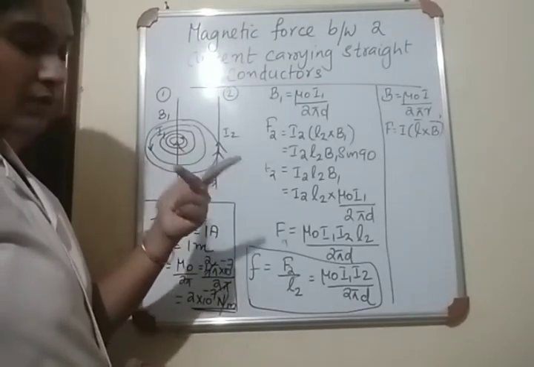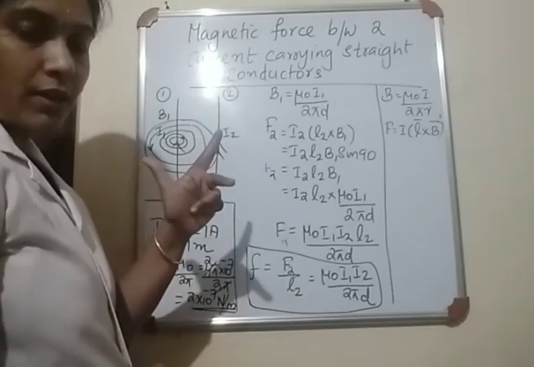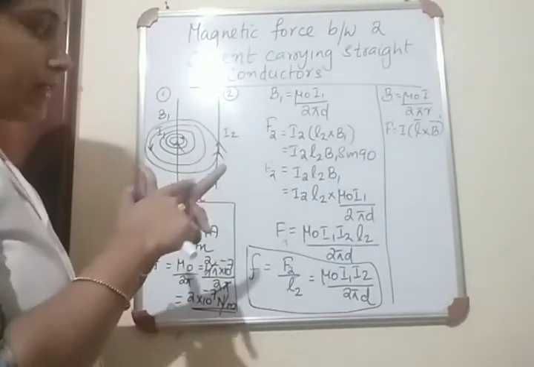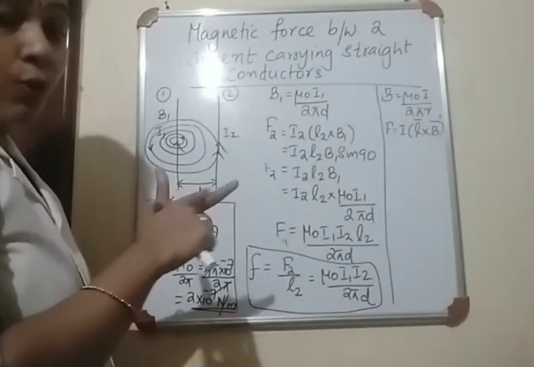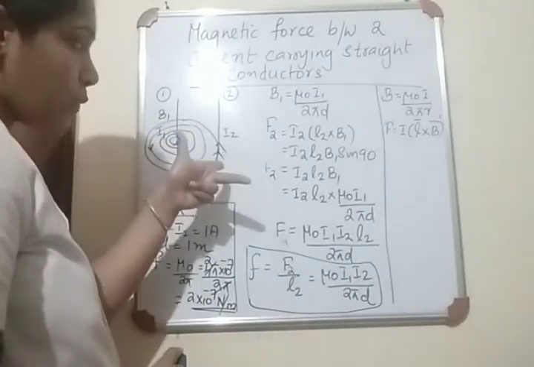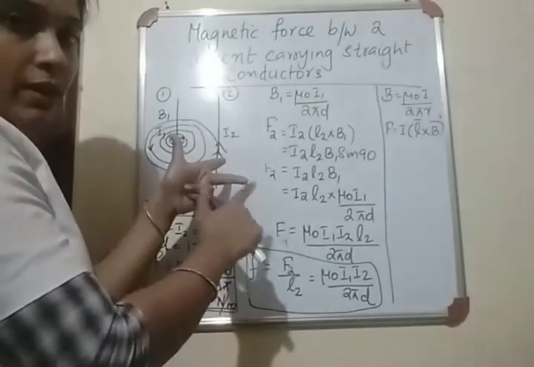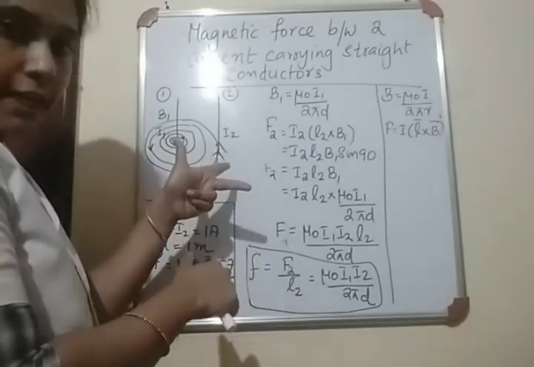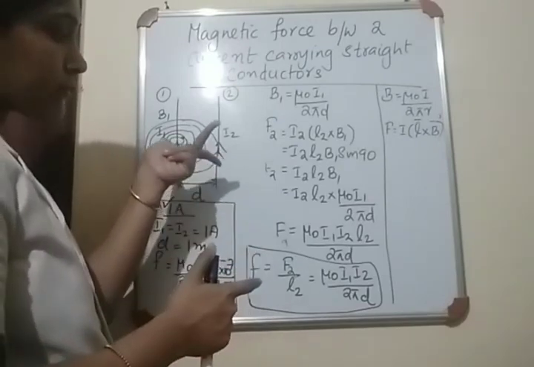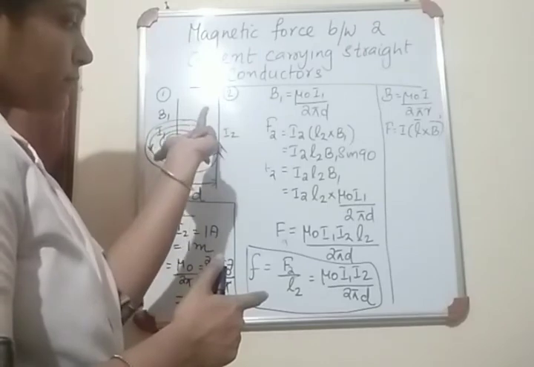Take the first 3 fingers of your left hand in 3 mutually perpendicular directions. Then point your forefinger in the direction of field. So this will be the direction of field into the board. And your middle finger should be in the direction of current. And what is the direction of current? It is flowing upwards. So like this. Okay.